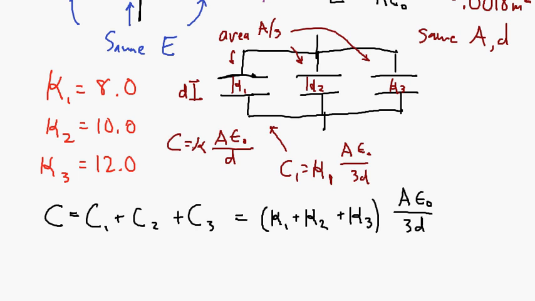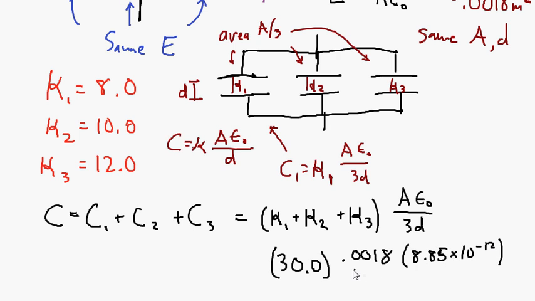Let's see, so what do I want to do? 8 plus 10 plus 12, this is going to be 30.0, all this stuff in here, and then our area, we said, was 0.0018 square meters, it's off the screen now, but trust me. Epsilon naught is 8.85 times 10 to the minus 12.